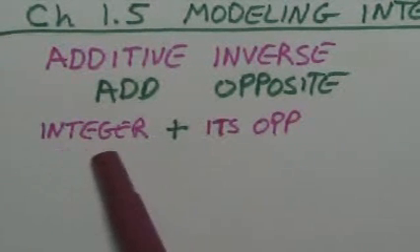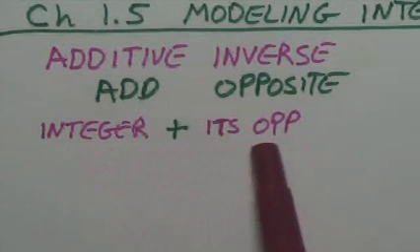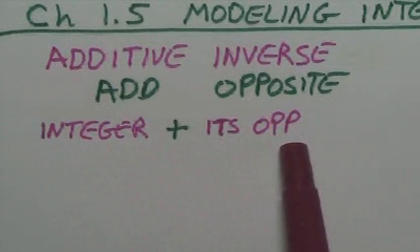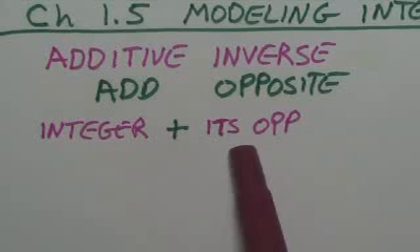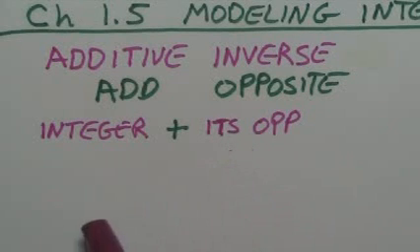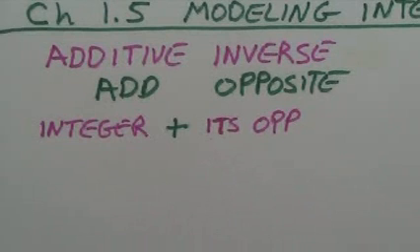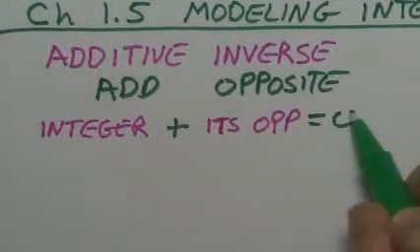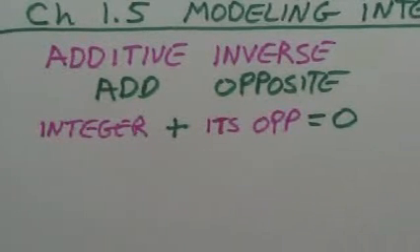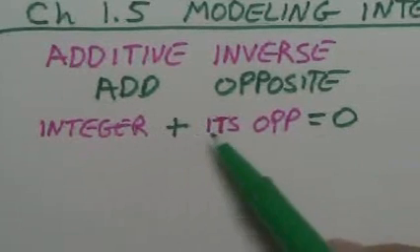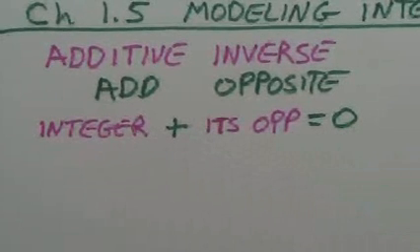Now, if you take an integer plus its opposite, plus its additive inverse, its opposite, it equals 0. An integer and its opposite equals 0.